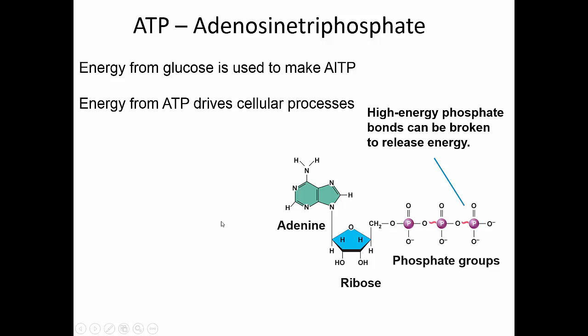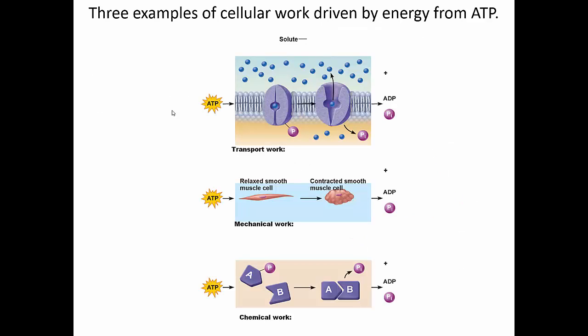But adenosine triphosphate is your body's favorite energy molecule. So what your cells do is burn glucose, and then the energy from glucose is used to form ATP. And ATP is the molecule that drives all of your cellular processes. These processes include things like moving charged molecules across the membrane, pumps that would pump sodium out of a cell or potassium into a cell.